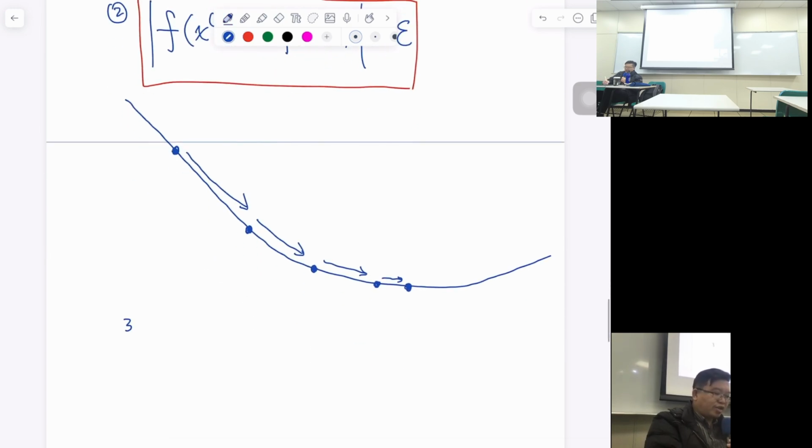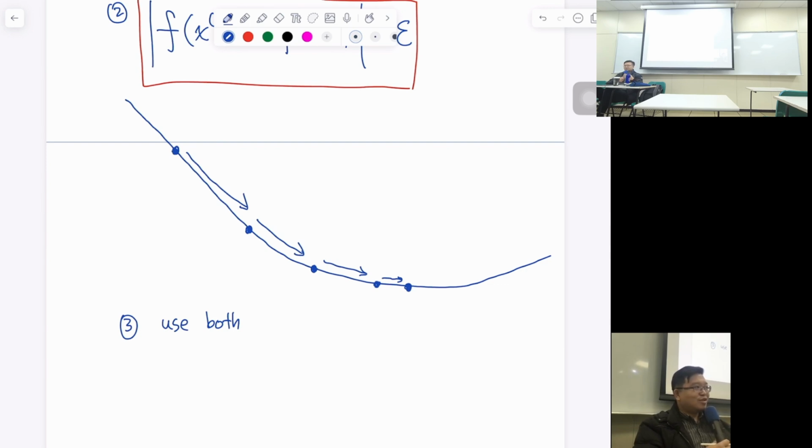How about the third kind? Use both. So both criteria need to be satisfied, then you stop. So not only stop when you see no movement for x, but also see no value change for f. Then you stop.